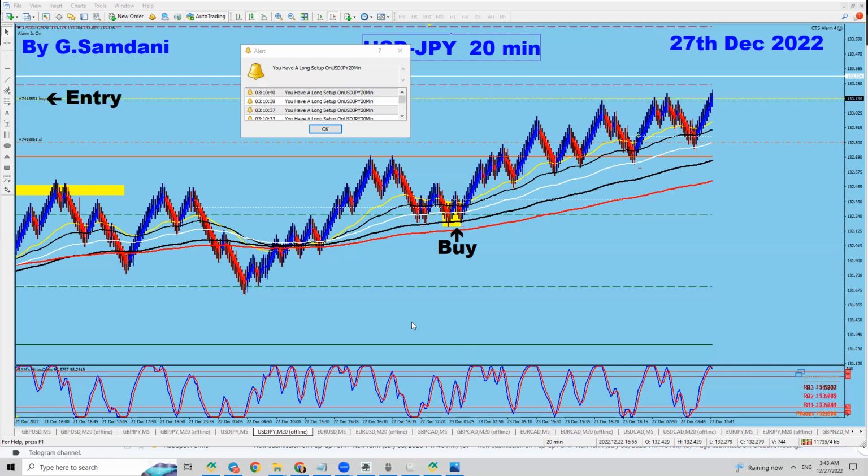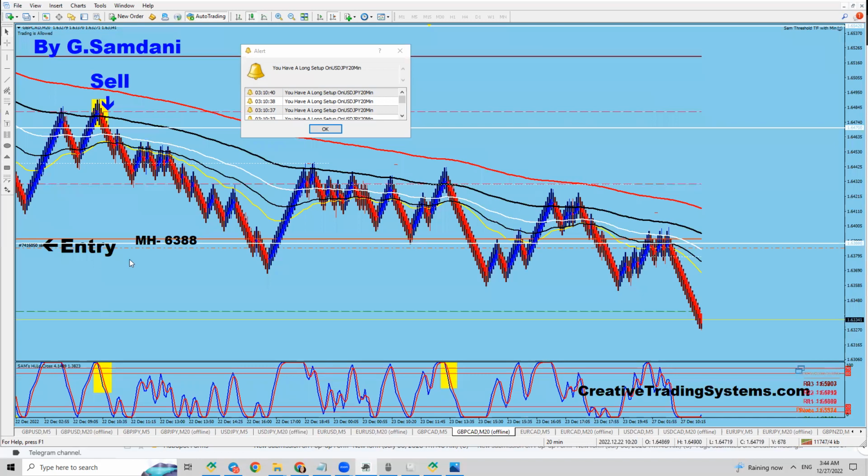Also, in the Asian session, when I usually don't trade, I saw a pound CAD very good setup. You know that last week I traded pound CAD very well, and I'm still expecting a drop, so I took that one as well in the Asian session. This is a sell order here, right?